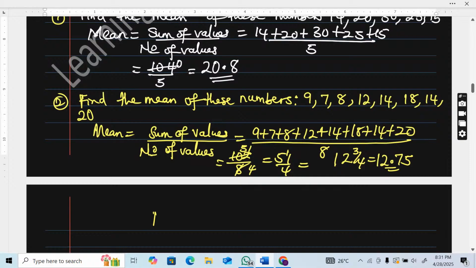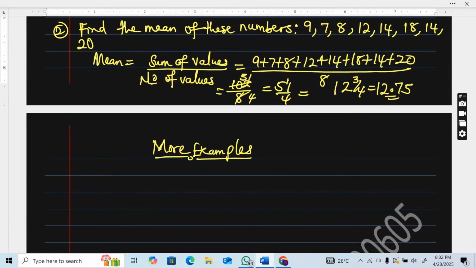Now let's look at more examples under mean. Now this is the next one. The mean of 8 numbers is 9. Okay?